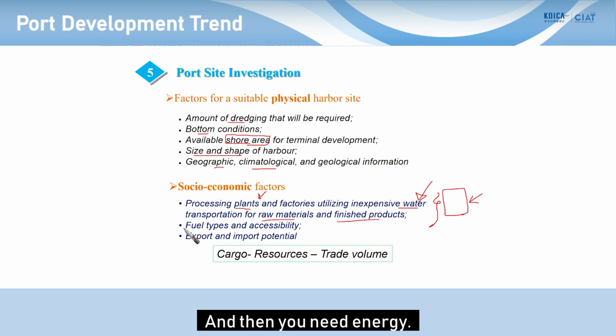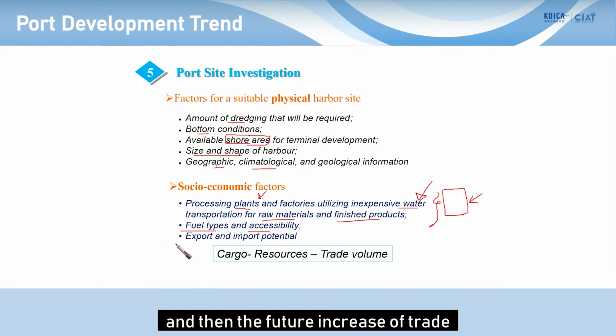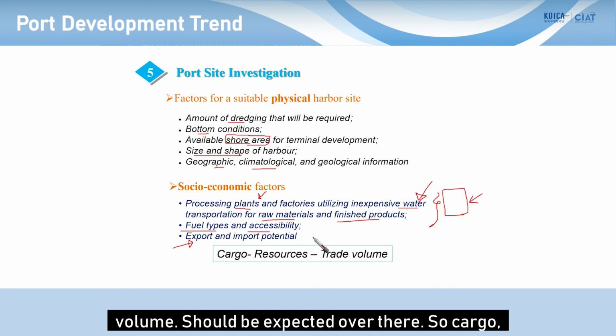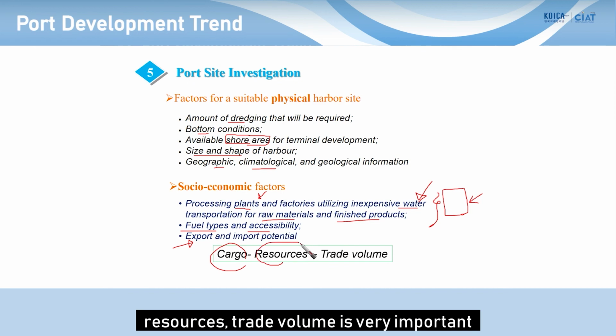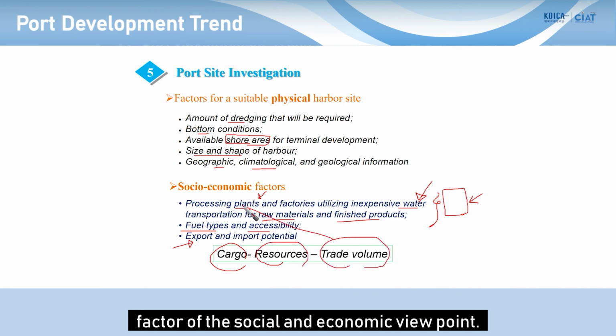And then you need energy, fuel, and accessibility to the port area. And then the future increase of the trade volume should be expected over there. So cargo, resources, trade volume is a very important factor from the social and economic viewpoint.